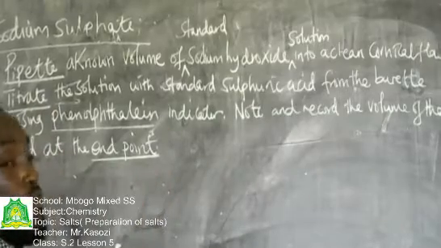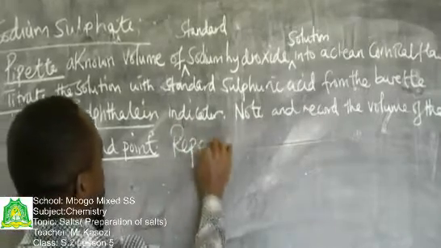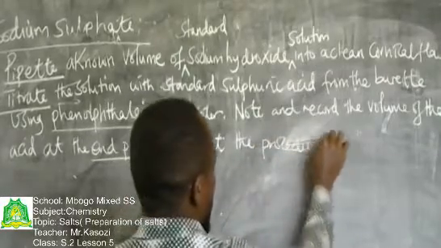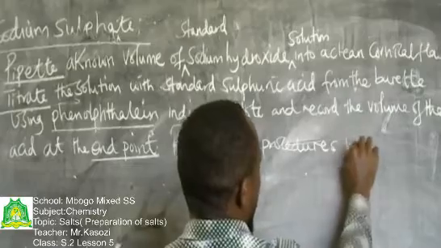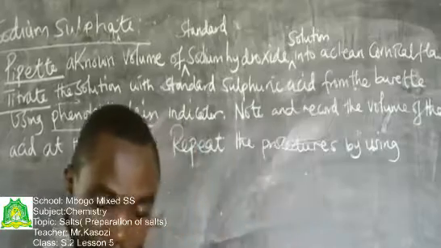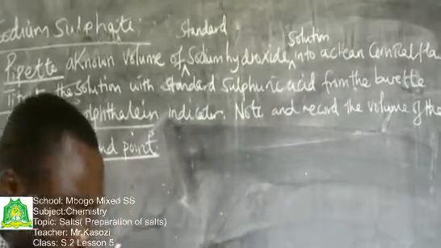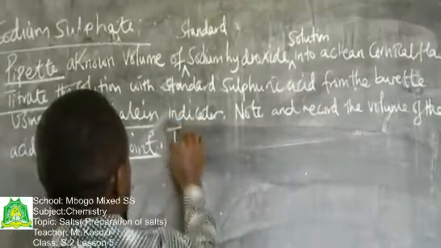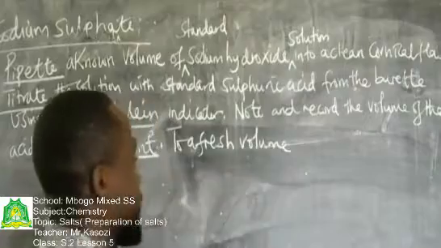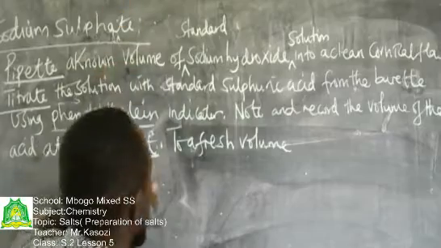From there, you repeat the titration. You can say repeat the procedures by using a fresh volume of sodium hydroxide, the same volume you measured first.